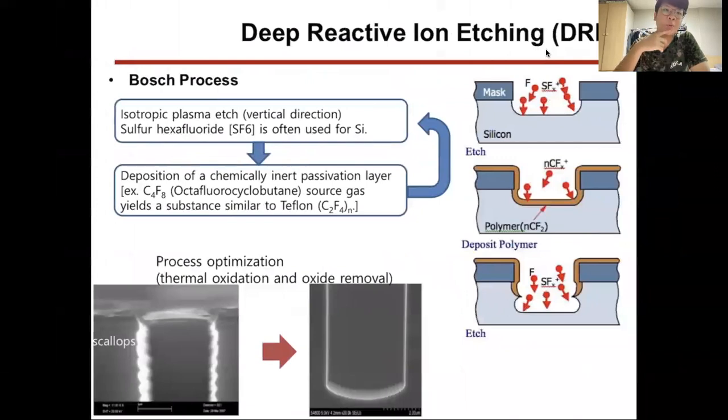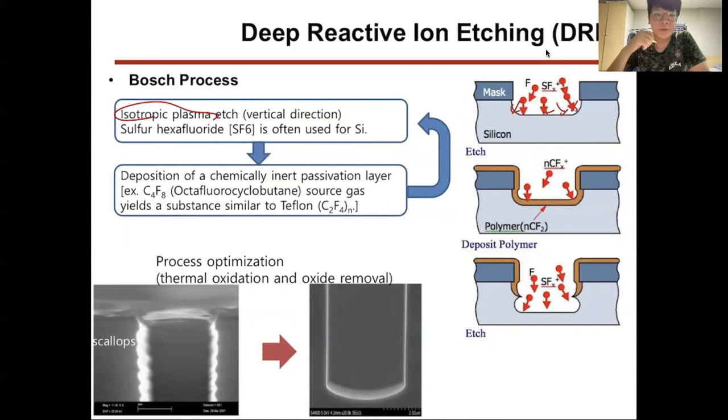And lastly, there is the Bosch process. Dry etching using a reactant gas makes an isotropic etch, and it is also ion assisted.